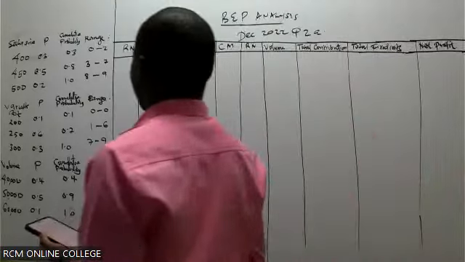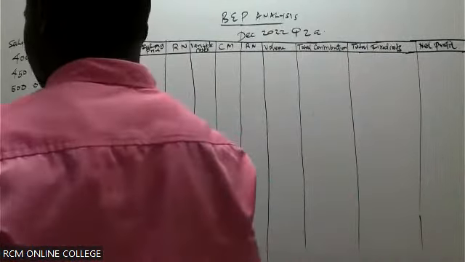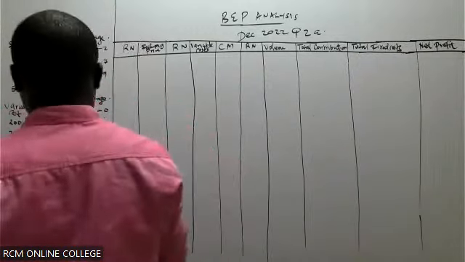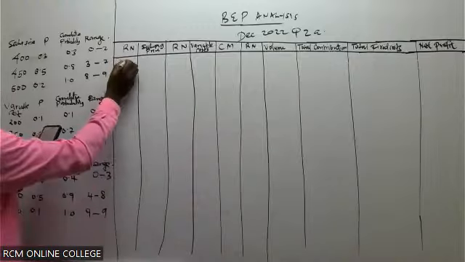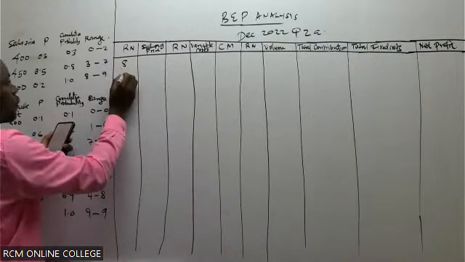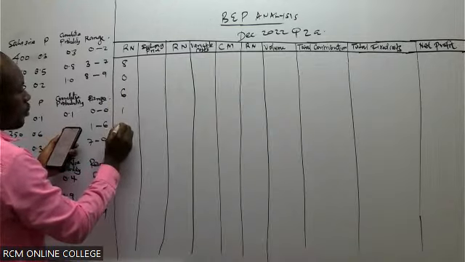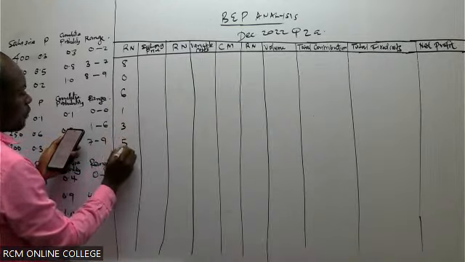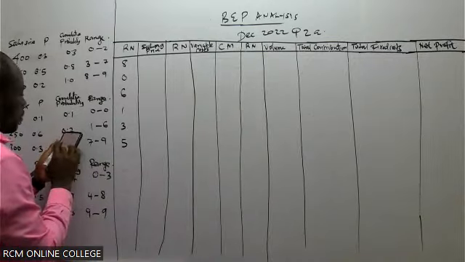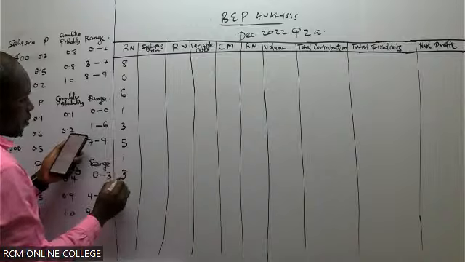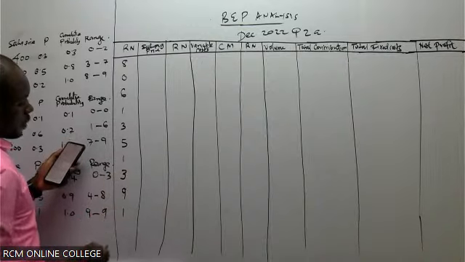So let's come to the first one. For us to get the selling price, I want us to pick the random numbers. So the selling price, the first number is 8. So let's indicate the numbers. We have 8, 0, 6, 1, 3, 5, 1, 3, 9, 1.